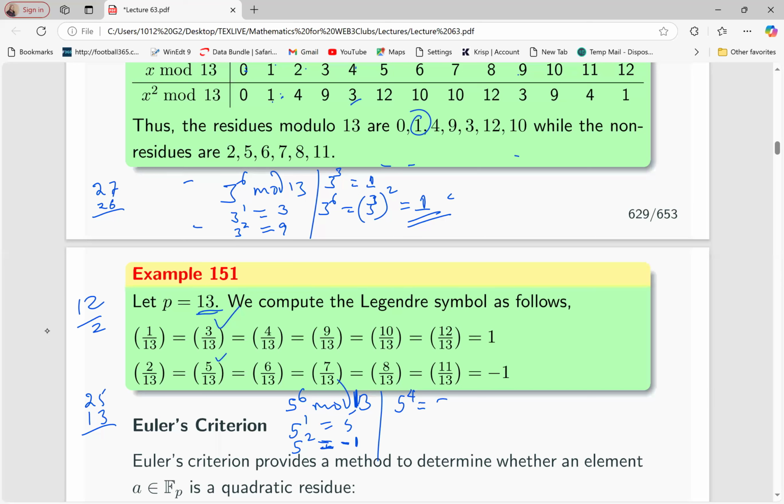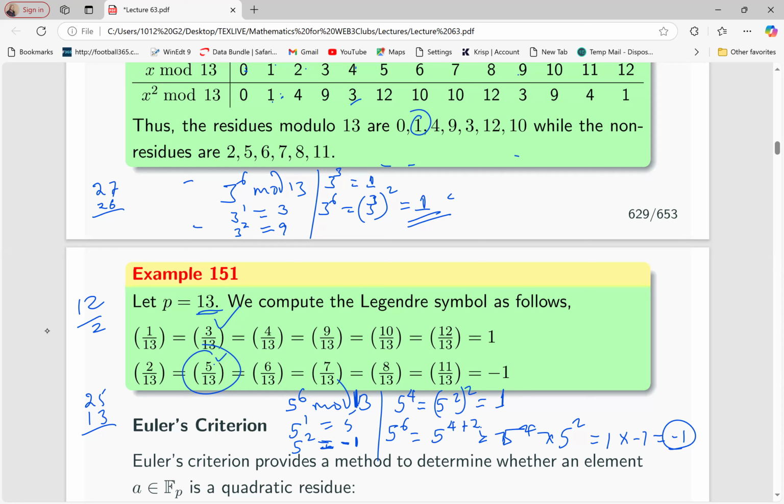It will be the same as 5 raised to 2 squared, which is 1. But what we want is 5 raised to 6. 5 raised to 6 is the same as 5 raised to 4 plus 2. This is what we know from the laws of indices, which is the same as 5 raised to 4 times 5 raised to 2. But 5 raised to 4 is 1, and 5 raised to 2 is negative 1, so the result is negative 1. So you can see that 5, therefore, is a quadratic non-residue.